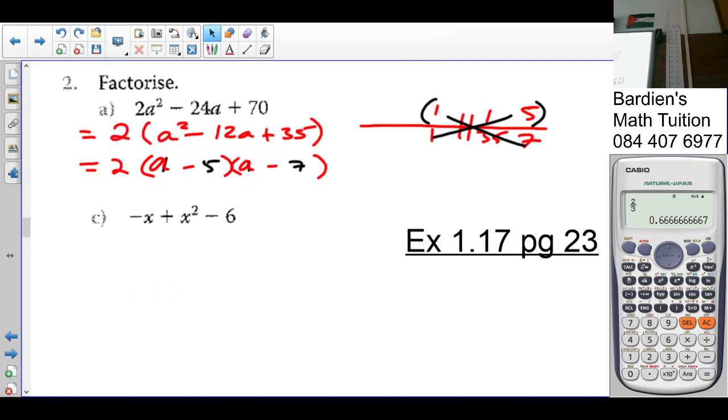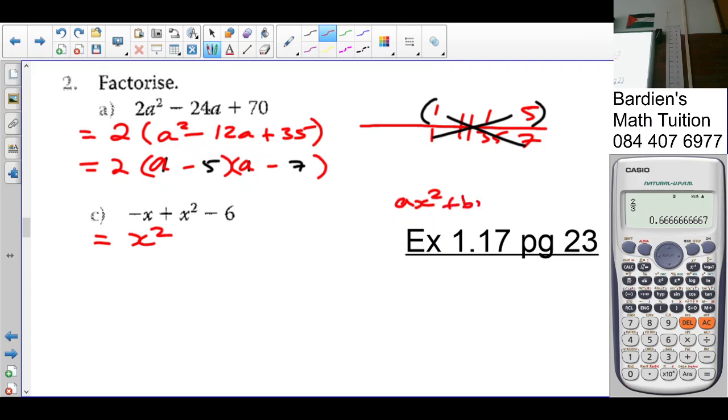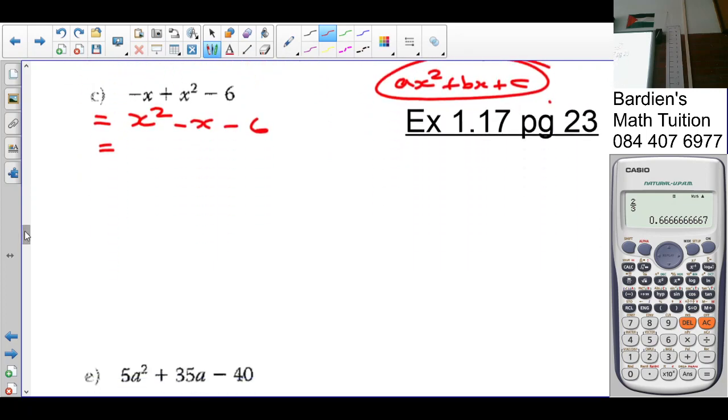What needs to be done here? Rearrange. Write it in the standard form of ax squared plus bx plus c. There's x squared minus x minus 6. What do we do now? Product line.